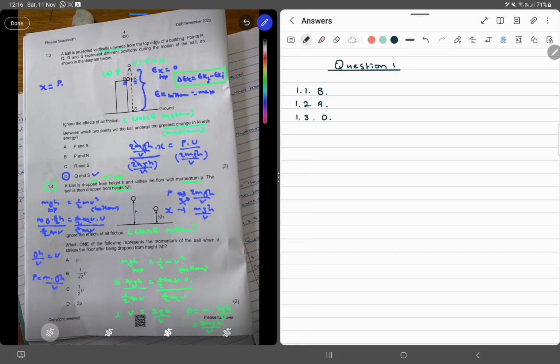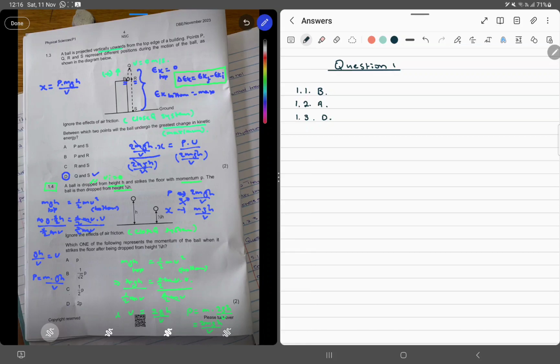There's no PV here. Oh yeah, I am making a mistake, a big mistake here. P multiplies this one. It's going to be P times mgh over V, right? Because when you multiply that by P, that's what we get.